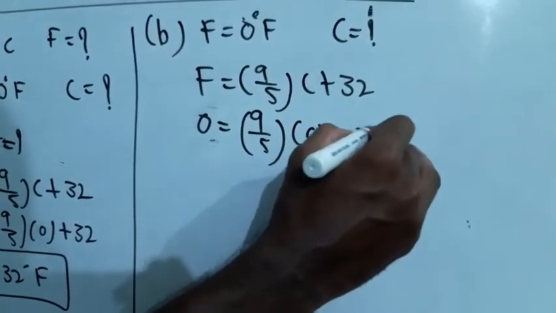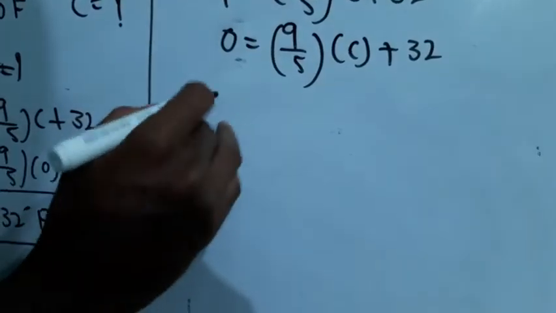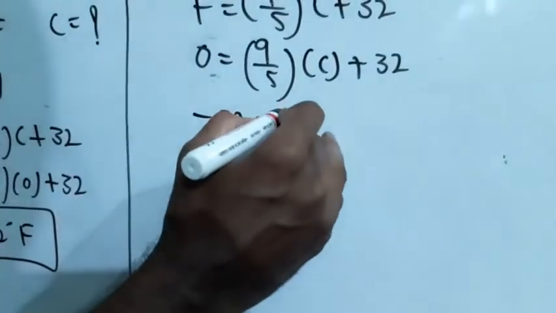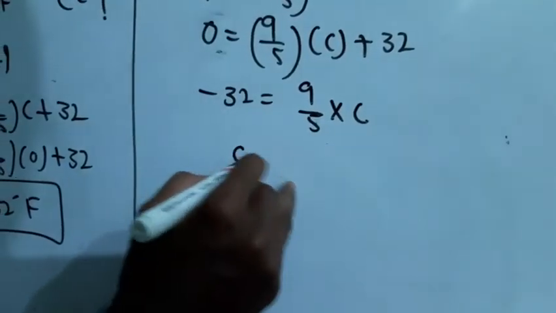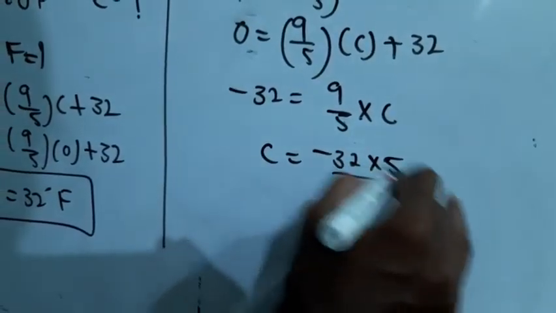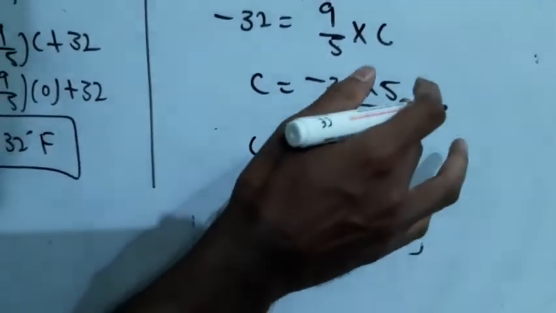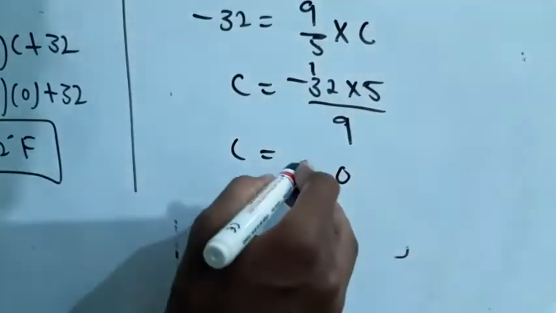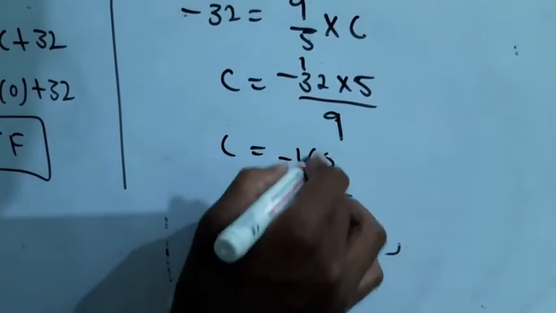When I transfer 32 to the left hand side, that will be minus 32. 0 minus 32, minus 32 is equal to 9 by 5 into C, or C is equal to minus 32 into 5 divided by 9. 5 twos are 10, 5 threes are 15 plus 1, 16 divided by 9.